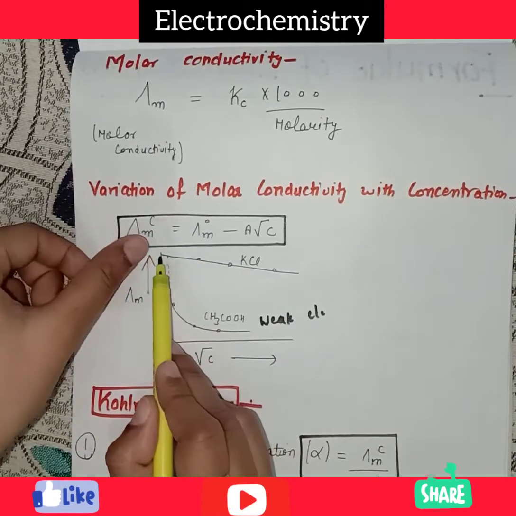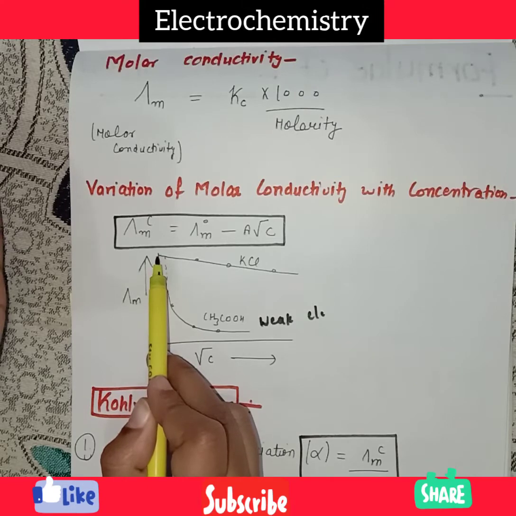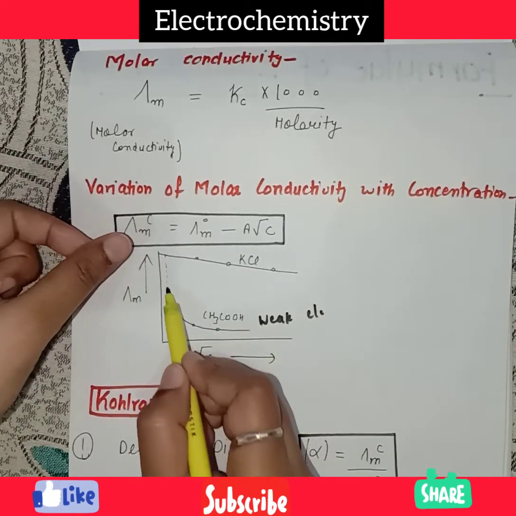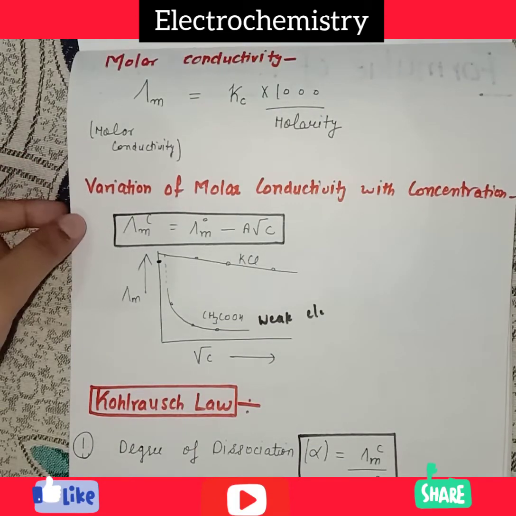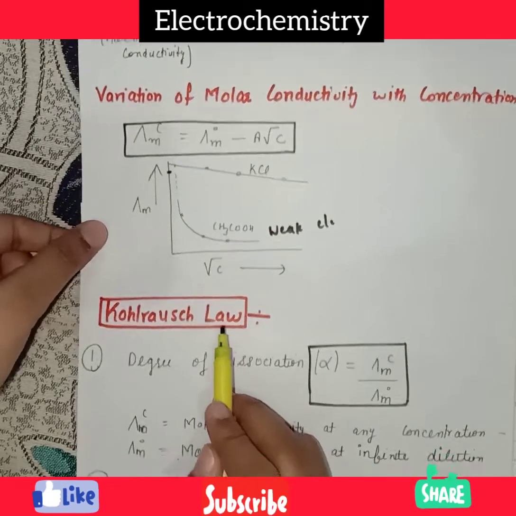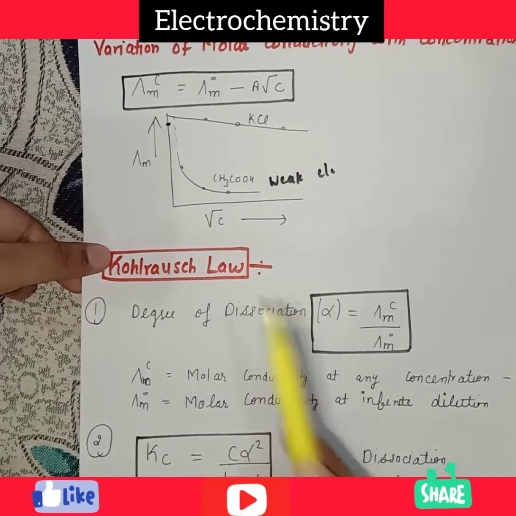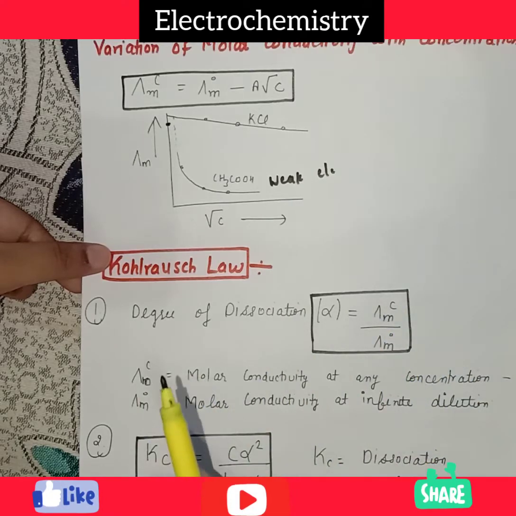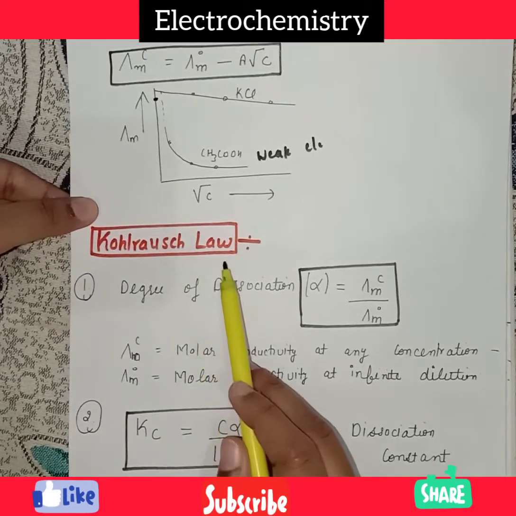Because for strong electrolytes the conductance can be derived from here at infinite dilution, but the weak electrolyte doesn't touch this line of infinite dilution. So to overcome this limitation, Kohlrausch law came out, and it gives the molar conductance of a weak electrolyte at infinite dilution.